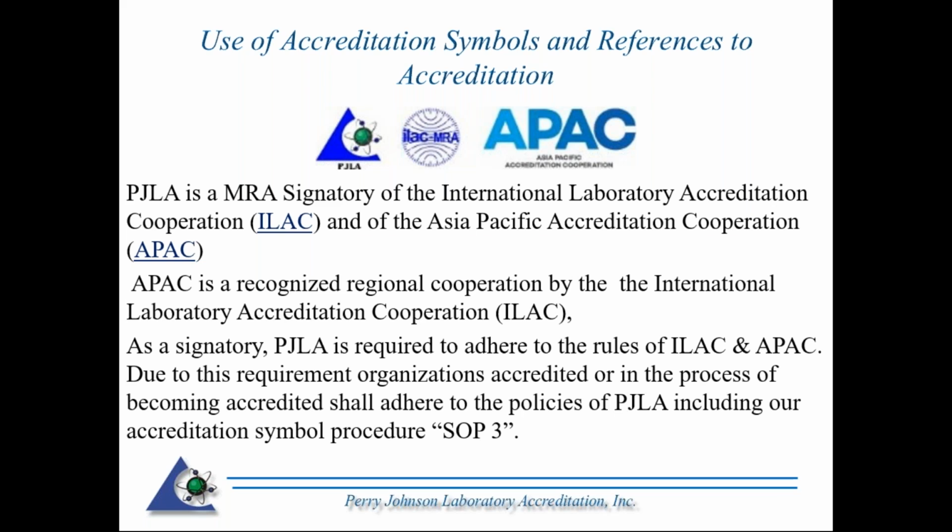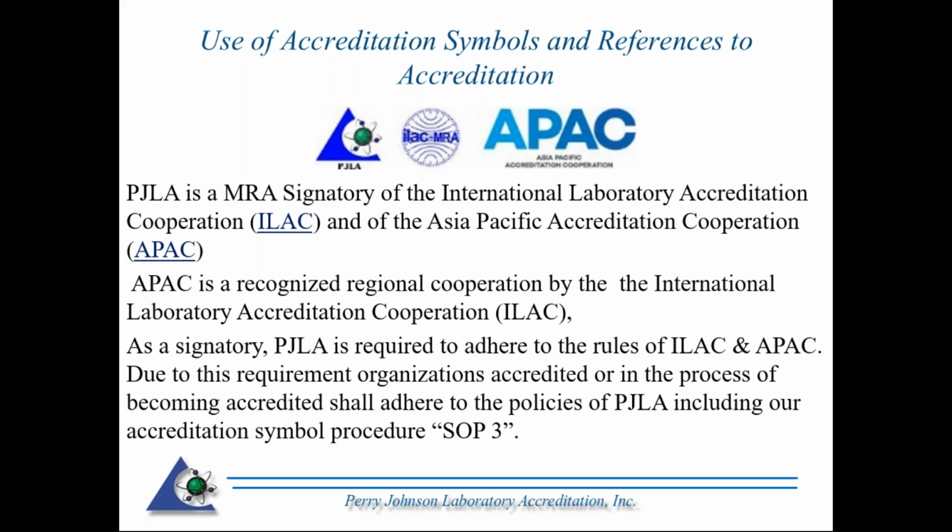At PJLA, we are under APAC as far as a region, and APAC is a recognized regional cooperation by ILAC. As a signatory, PJLA is required to adhere to the rules of both ILAC and APAC.